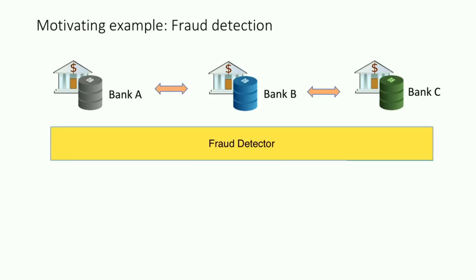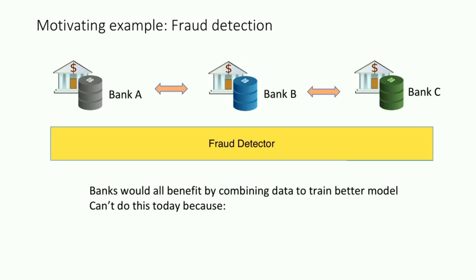Hence, it would be really nice if we could develop a technology that allows these different banks to collaborate, using the data from each of the banks together to develop a better machine learning model for fraud detection. Unfortunately, today we don't have a technology to enable the banks to do this because of privacy concerns, regulatory risks, and misaligned incentives.